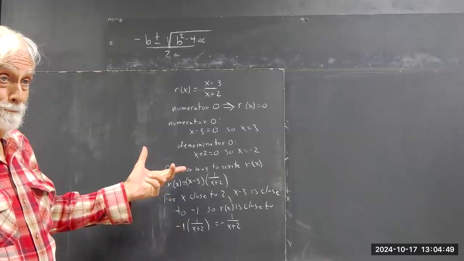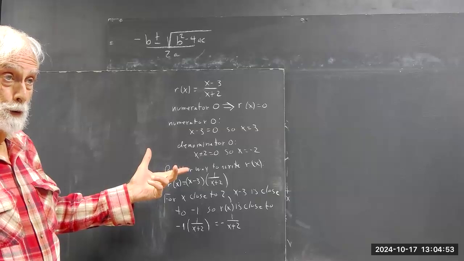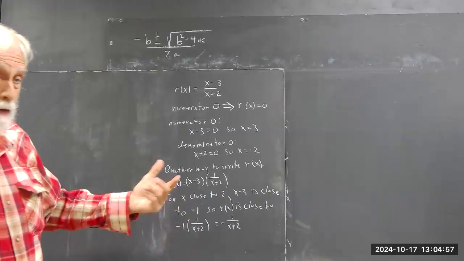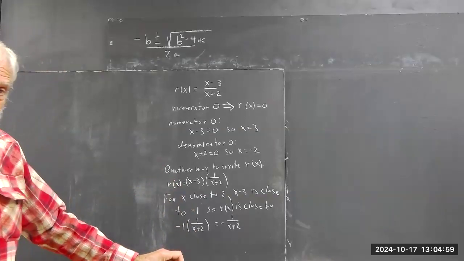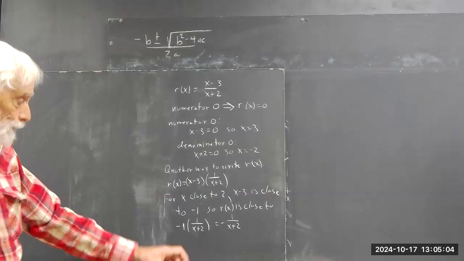That makes sense? You look a little confused. Probably haven't seen any reasoning like that. No reason to expect maybe at this point that you should have. Okay, a lot of things you should have seen in your algebra courses that you didn't, but this isn't one of them.